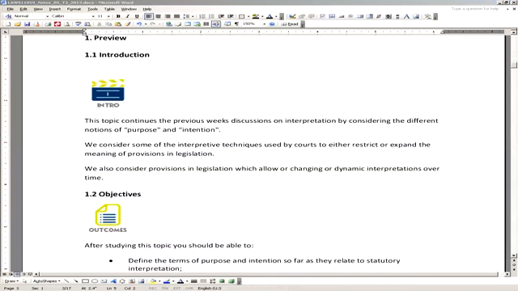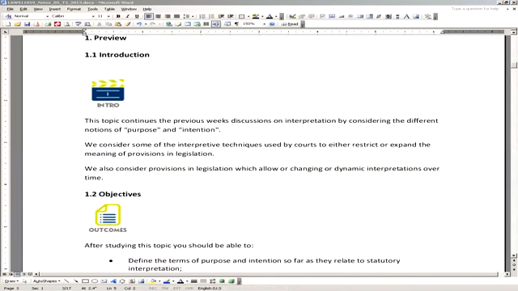What we're really looking at is, how do we interpret specific sections by reference to what Parliament may or may not have meant when they passed those sections? And is it the case that over time, the interpretation that the judiciary places on a specific section can change?